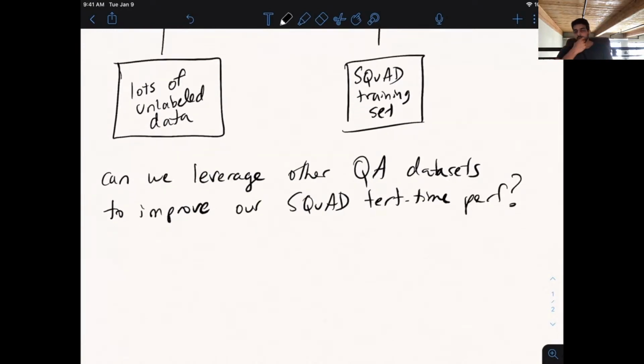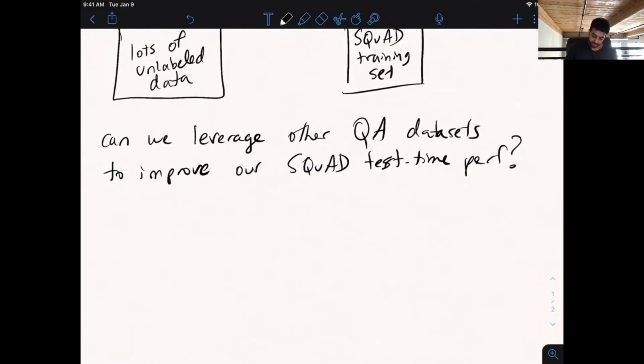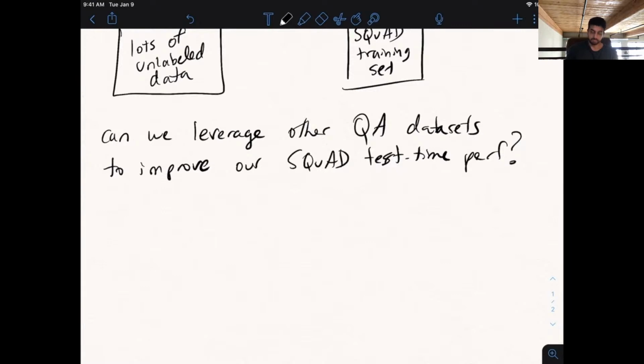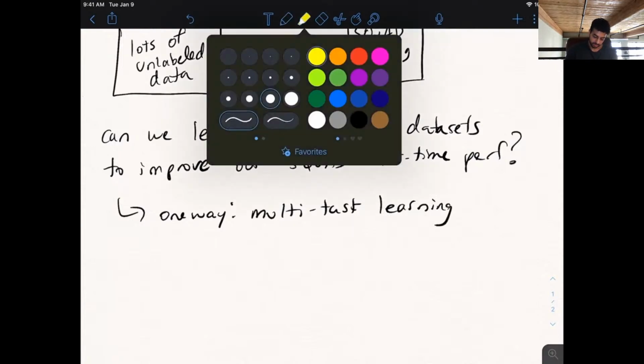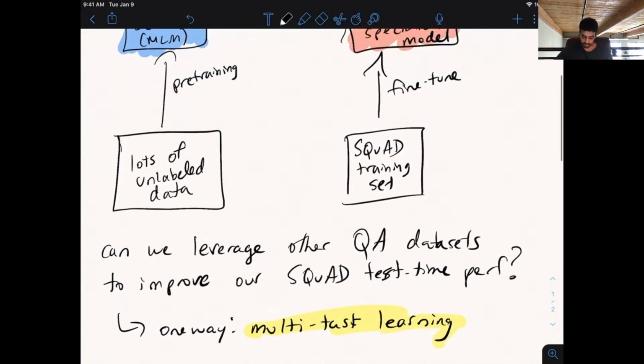And so there are many ways you could think about doing this. The most standard way is to use multitask learning. So here, during this fine-tuning process, we're just going to include examples from other data sets into the fine-tuning process.